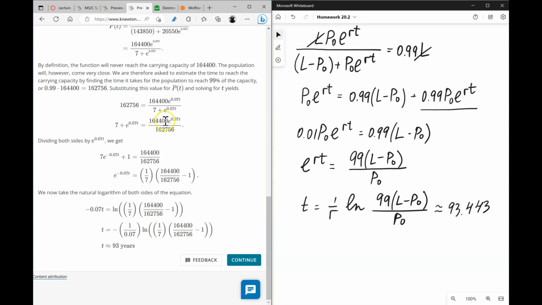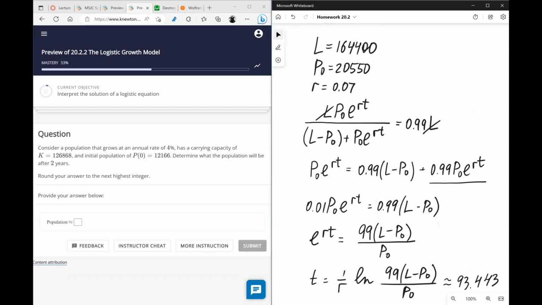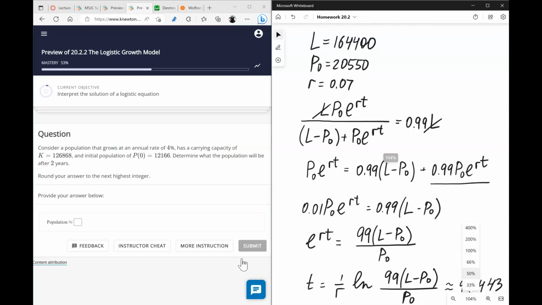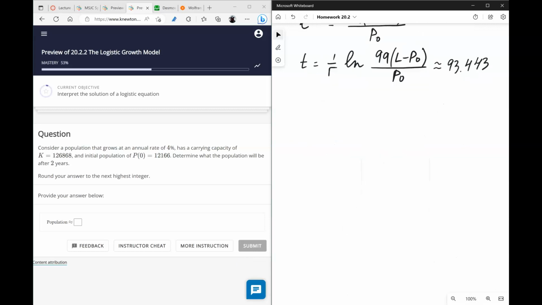Interesting. Somehow that 99 doesn't pop up in their solution, but there's clearly some pattern here. So let's continue. We have problem number 14.